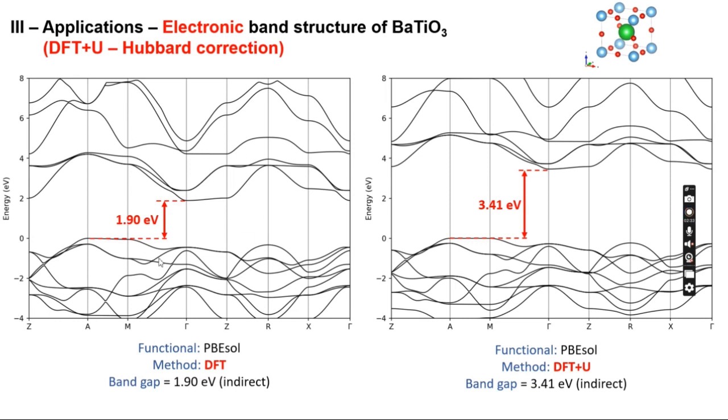On the left is shown using the ordinary DFT approach, and on the right is shown the band gap results using the DFT+U approach. And you would notice that the Hubbard correction basically corrects the underestimated band gap here, and the resulting value is something like 3.4 electron volts, which matches the experimental values.